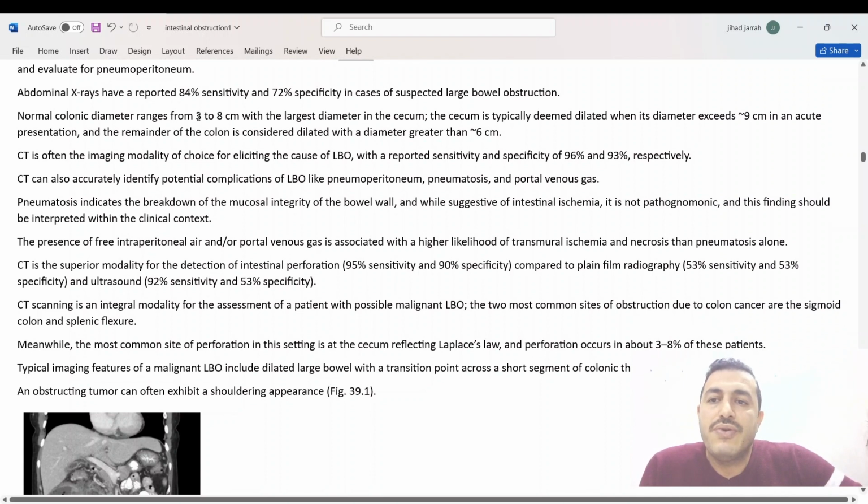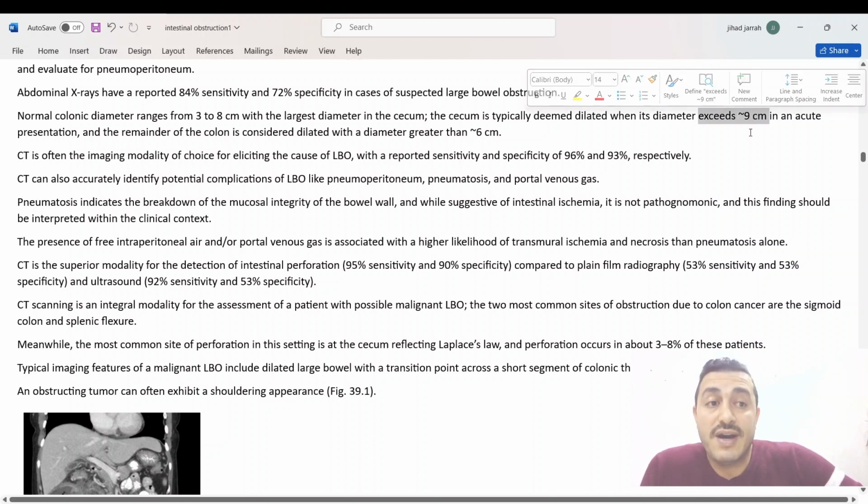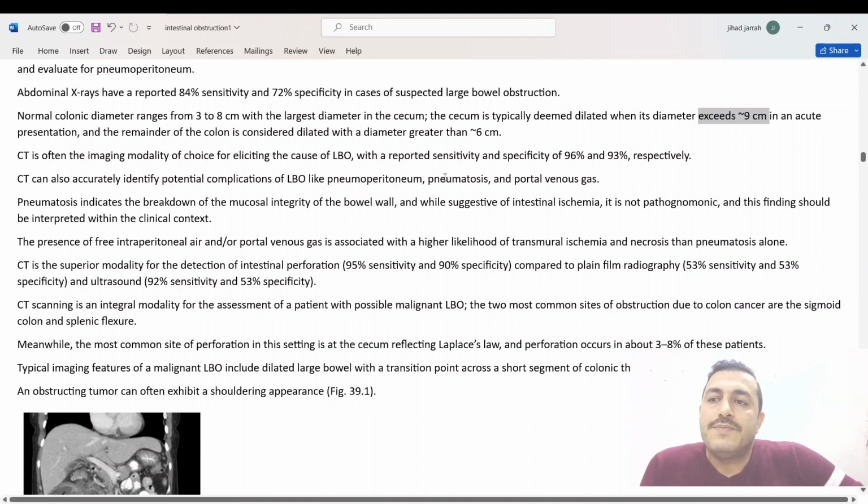It varies from 3 to 8. If you want to remember one number, the cecum is dilated in an acute situation above 9 centimeters, and the other parts of the colon, excluding the cecum, are dilated when greater than 6 centimeters.